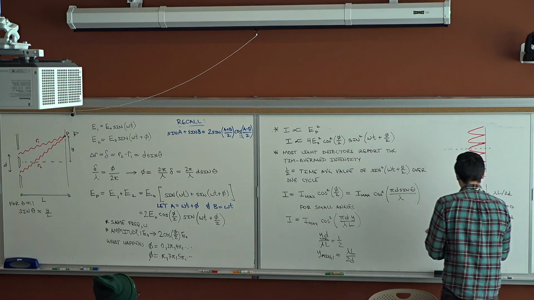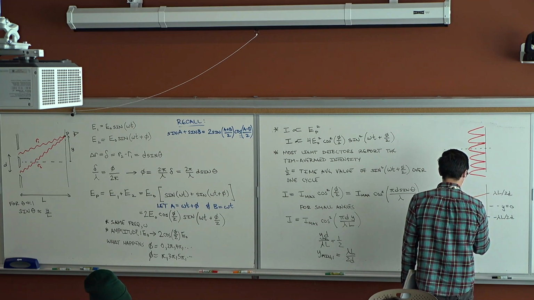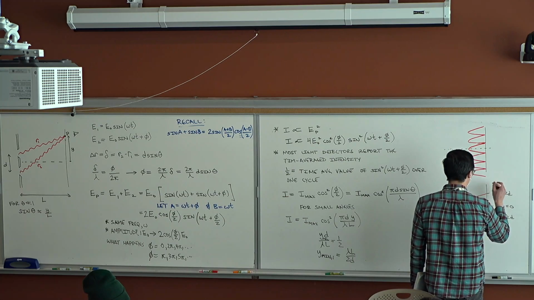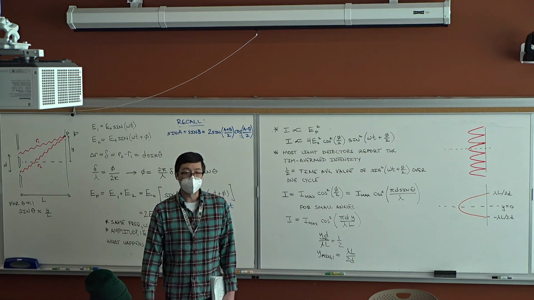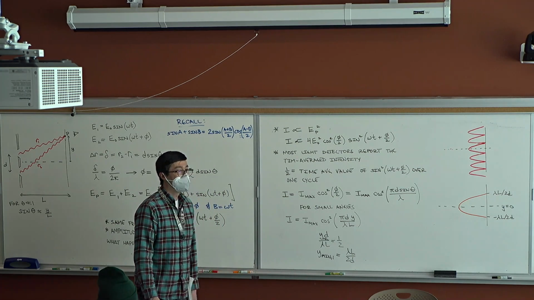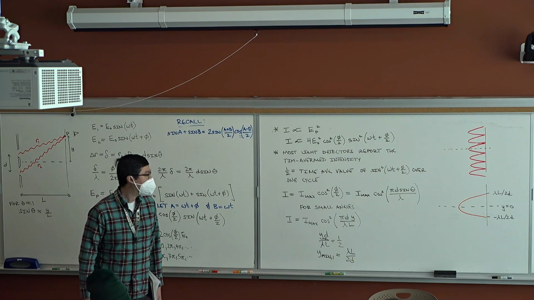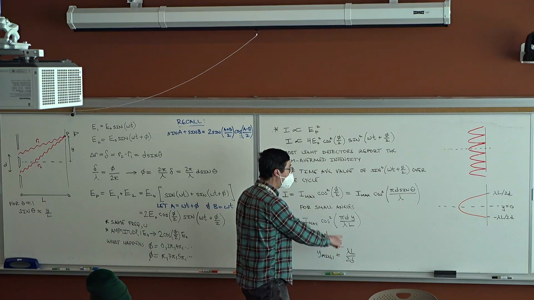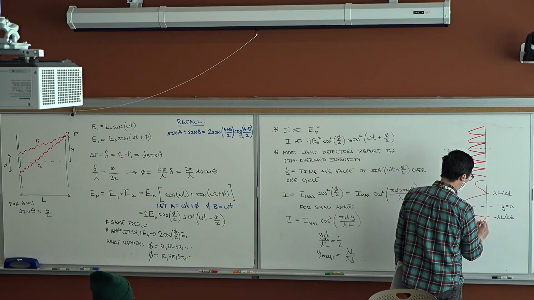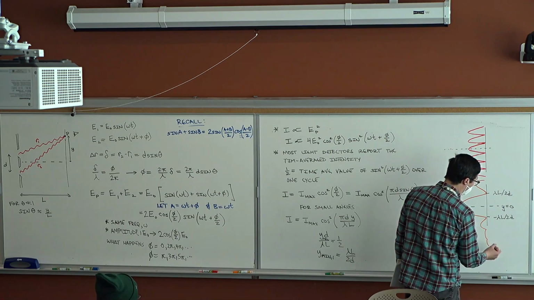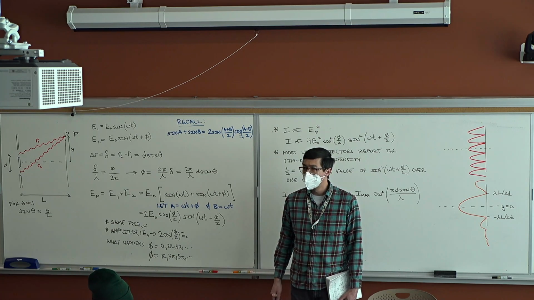Do you guys agree that if I was plotting intensity, it does something like that? Maybe more symmetric than that. Do you see that we could get to another maximum, so maybe this does something like this, and it keeps dropping off like so.